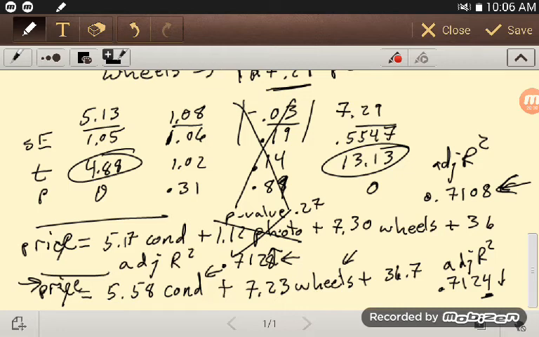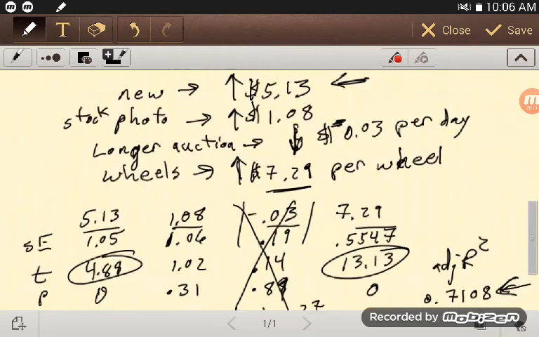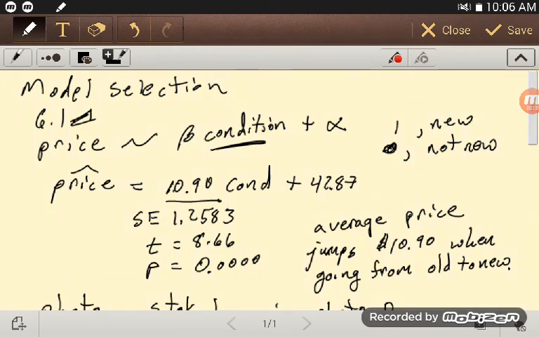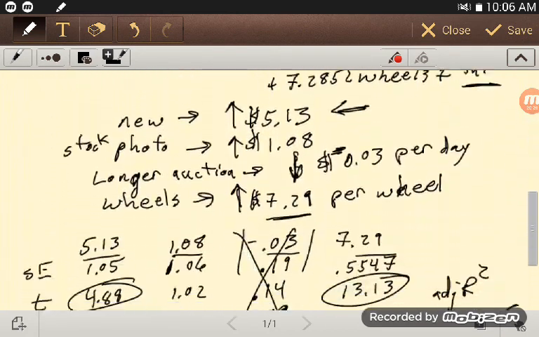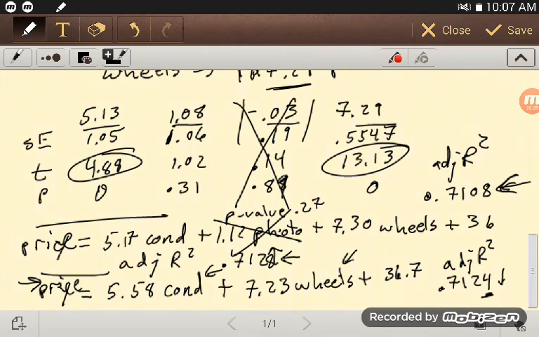So if we went back up here and said, oh, the condition, you should see an average difference of $10.90 or nearly $11 by getting a new one, and somebody just usually doesn't see that, well, it could be because of the number of wheels, right? That they have something with a lot fewer wheels.